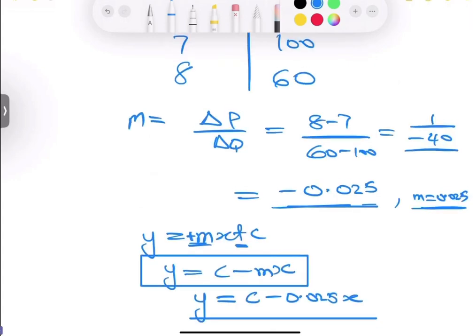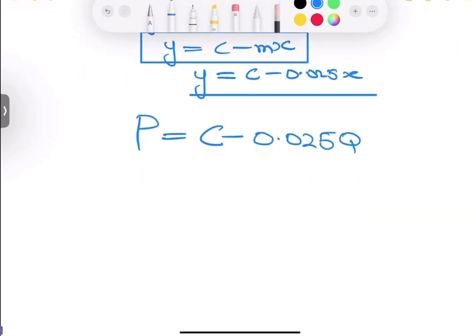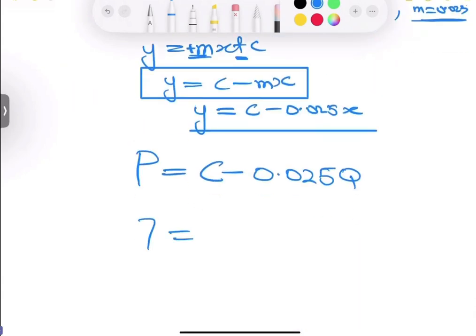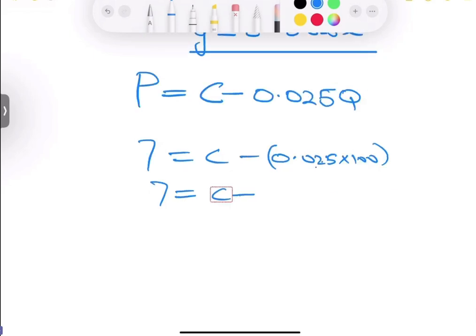Then the next thing is we need to calculate our C. For C, we can just use any of these scenarios, whether scenario 1 or scenario 2. This is P, this is Q. So let's choose scenario 1. P is 7, right? And Q is 100. So that means 7 equals C minus 0.025 times 100, that's 2.5.